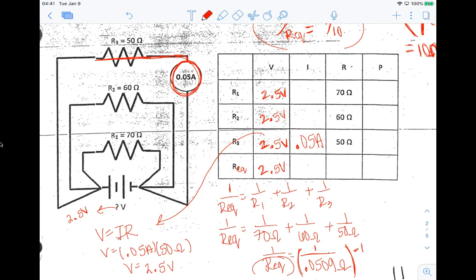I'm plugging it into my calculator. Hold on. And why am I not getting the 1 divided by 0.0509? One divided by 70 plus 1 divided by 60 plus 1 divided by 50.